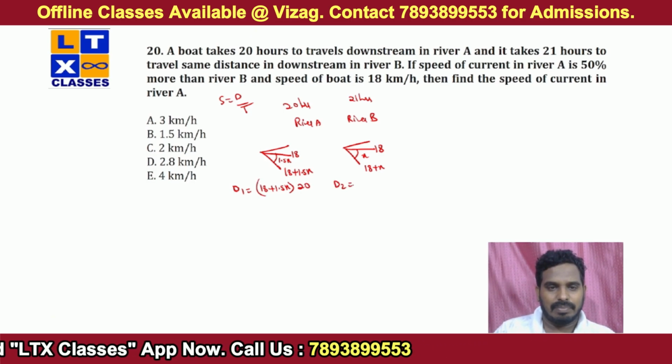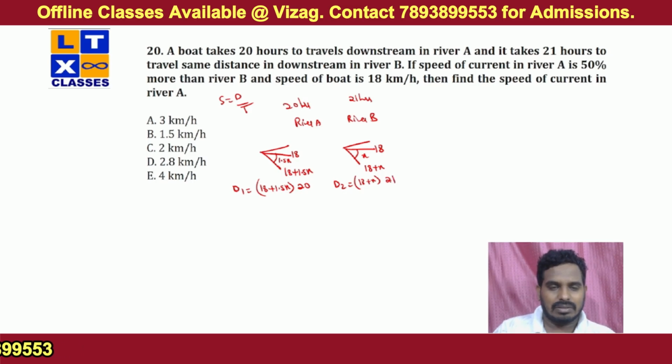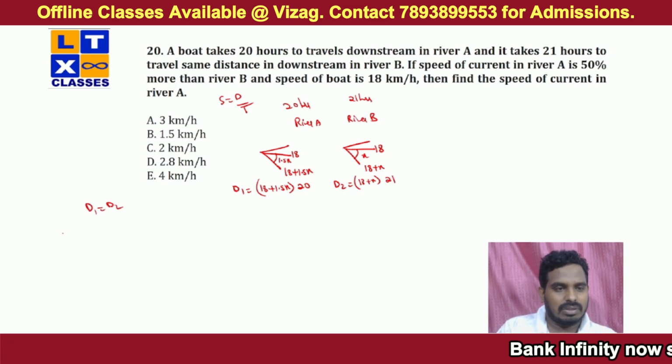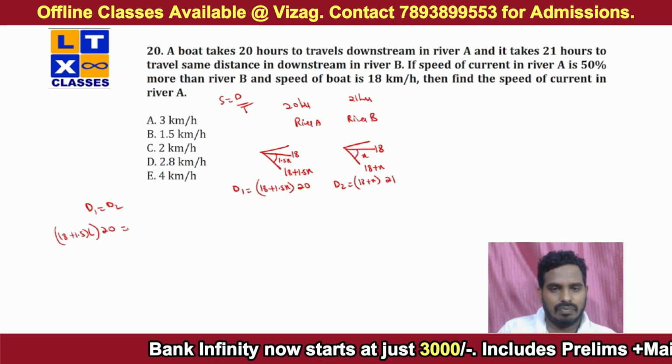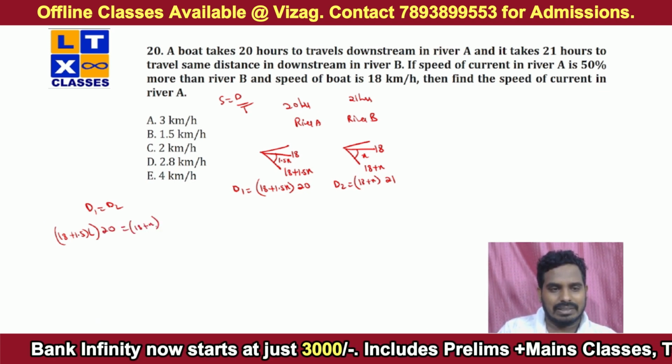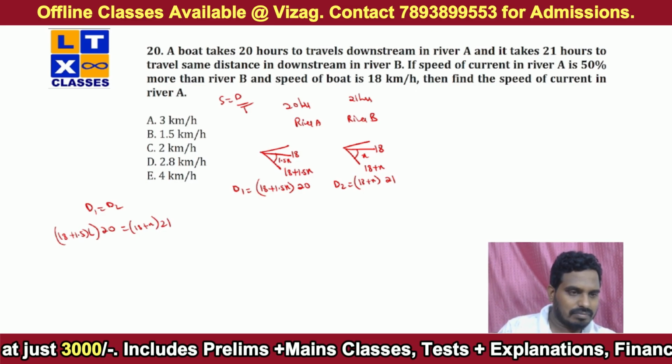And my second distance would be equal to 18 plus x into 21 hours. And both the distances are equal. So d1 equals d2. That means 18 plus 1.5x into 20 would be equal to 18 plus x into 21. Now quickly solve this.